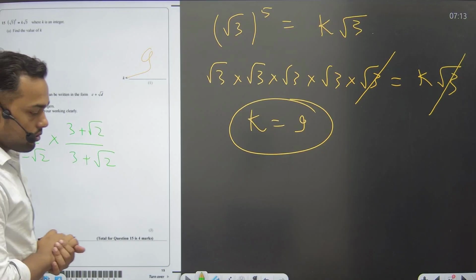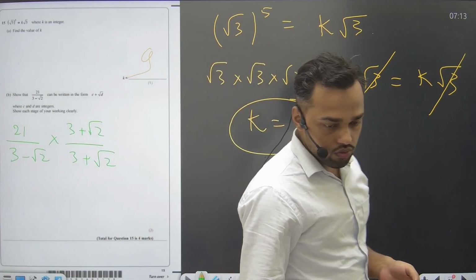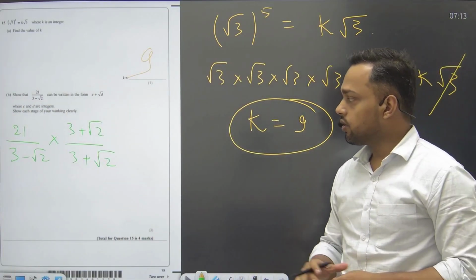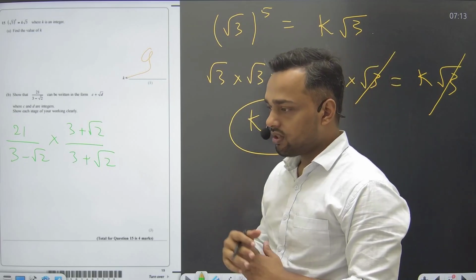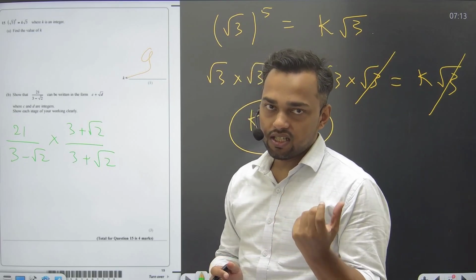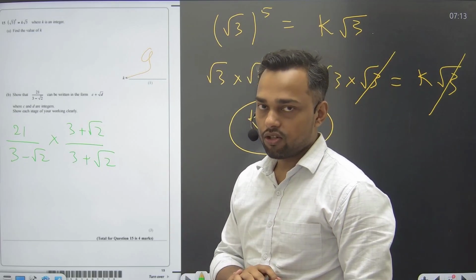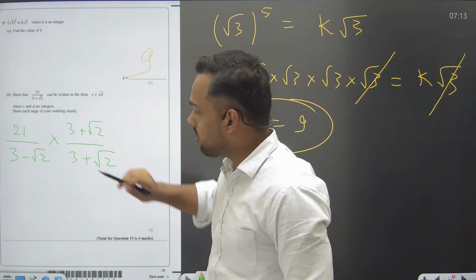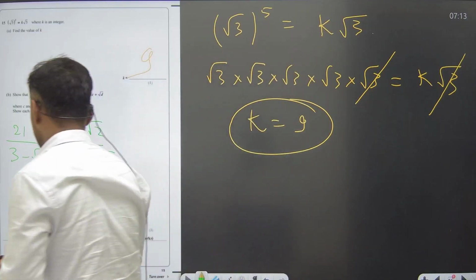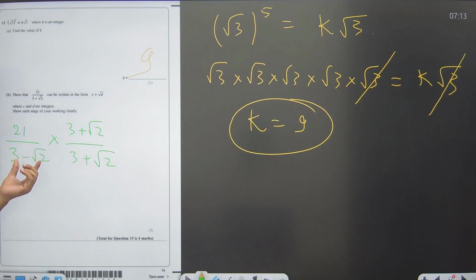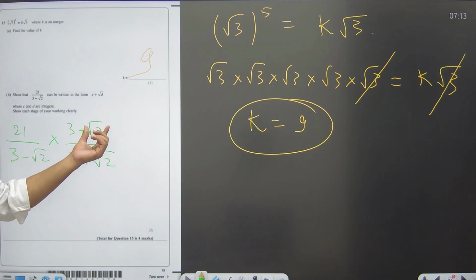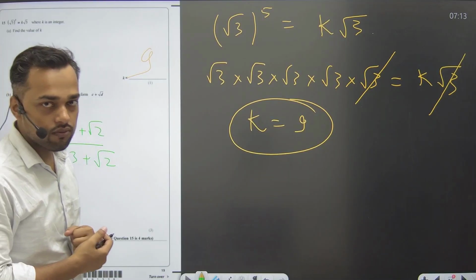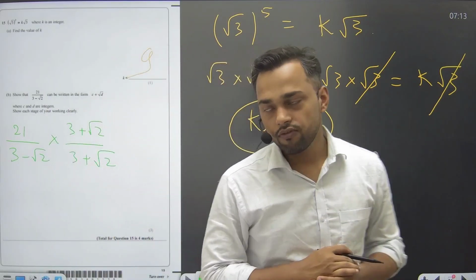When we do the rationalization, we need to multiply the fraction by the positive or negative counterpart of the denominator. So it is 3 minus root 2, so you will multiply here by 3 plus root 2. If it had been 3 plus root 2, you would multiply by 3 minus root 2 upon 3 minus root 2.